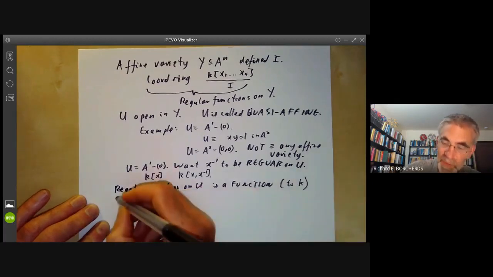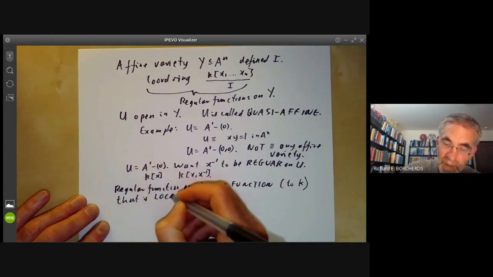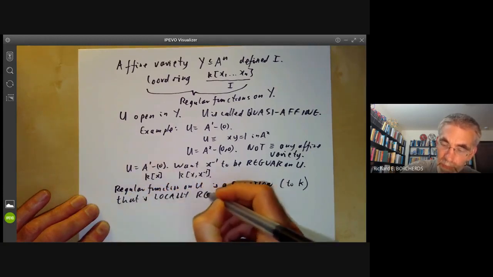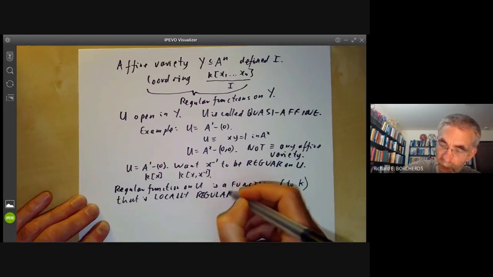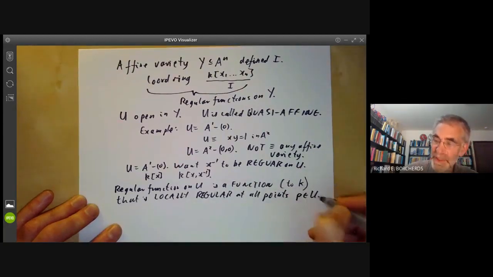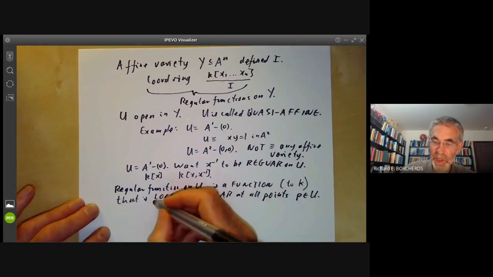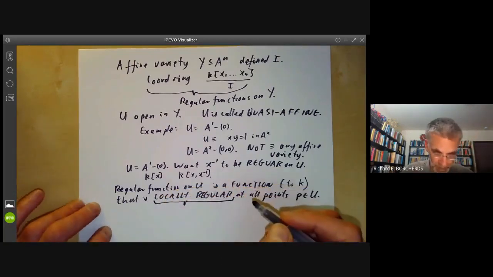So it's a function that is locally regular at all points P of the quasi-affine variety U. Well, we haven't yet said what locally regular means.